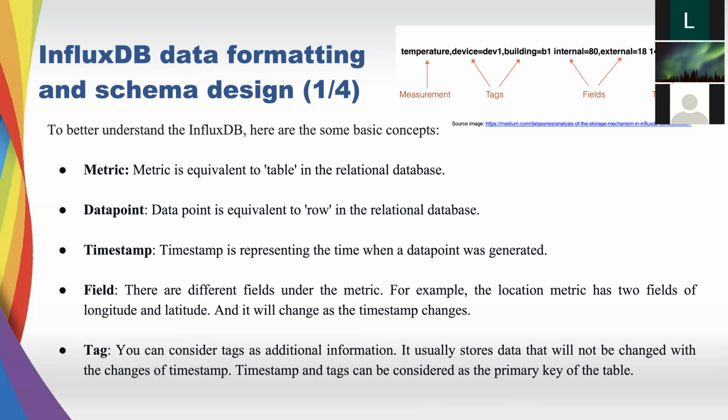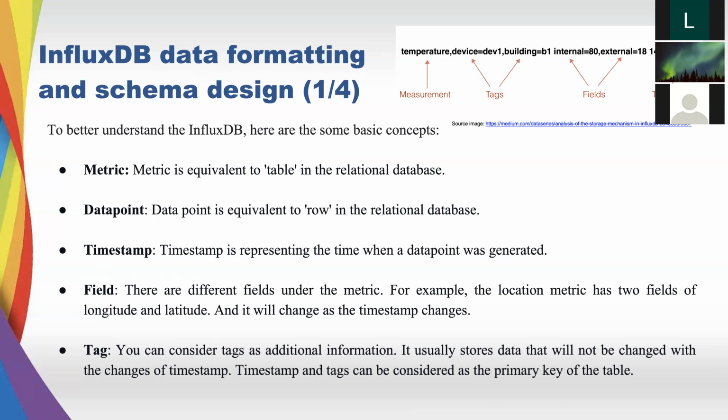Now, the row here is what we call a data point, and tags generally can only identify the data source. Most time series tags are the same, and the key and value of each tag must be strings.